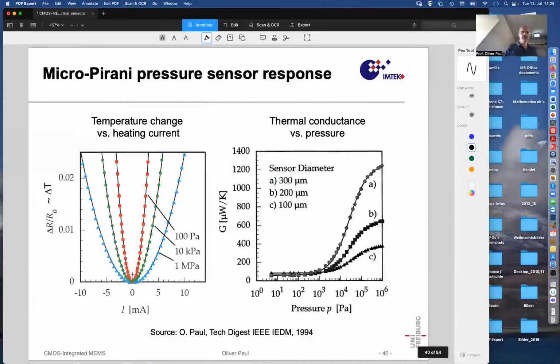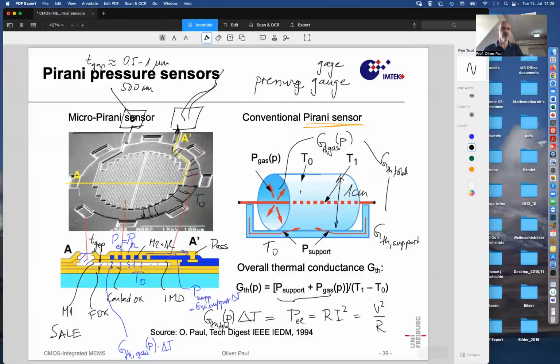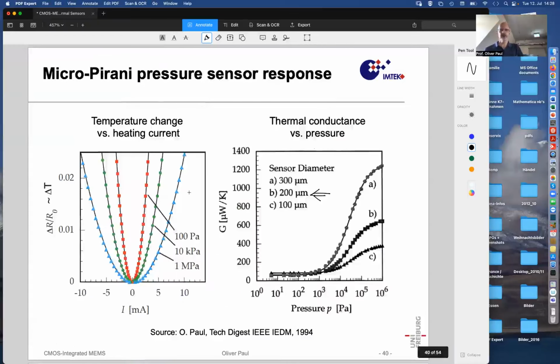So let us look first at the graphs on the right. Here we have 3 curves corresponding to 3 different sensors. This one with 200 micrometer diameter is the one that you see here. The thermal conductance in microwatt per Kelvin is a function of pressure, no doubt.